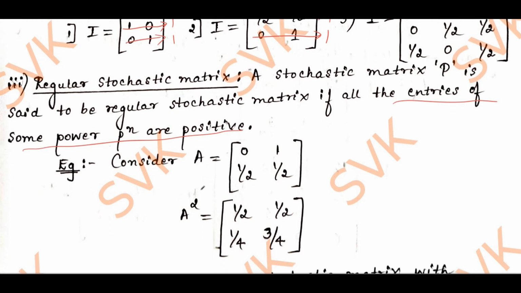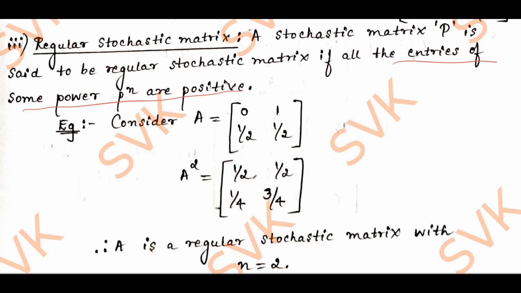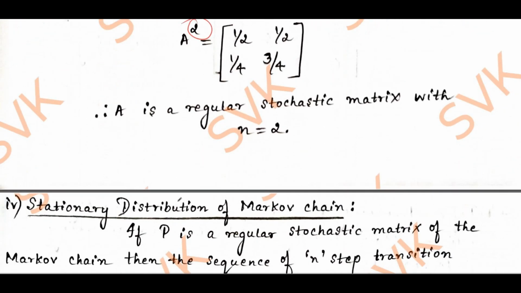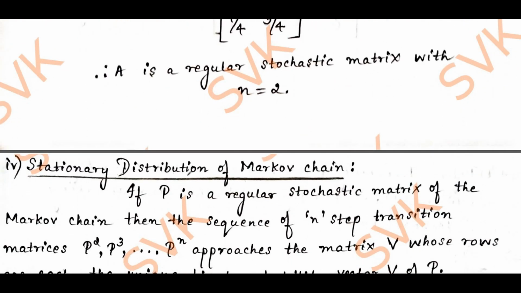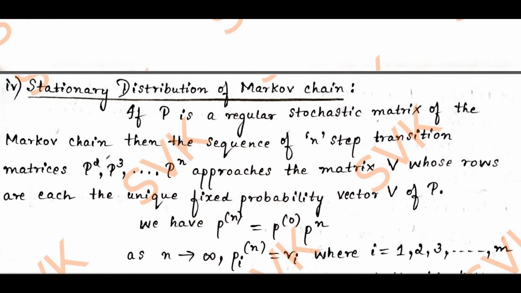I have considered A here, so for a square, the values are non-zero. So we can say that the given matrix A is a regular stochastic matrix for n equal to 2.